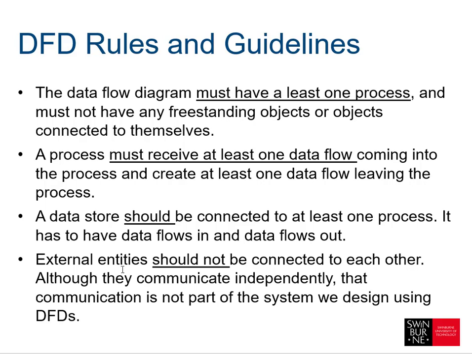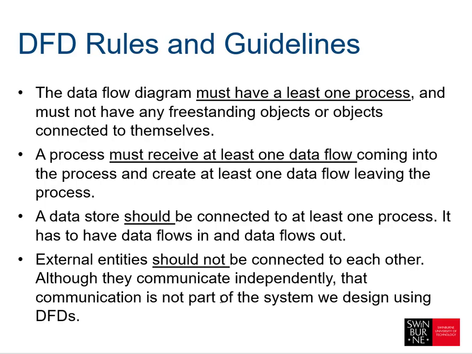The final one is external entities should not be connected to each other. Although they communicate independently, that communication is not part of the system we design using a data flow diagram. So we are not interested in what's going on with the external agent, because what we are interested in is how the external agent interacts with our system.